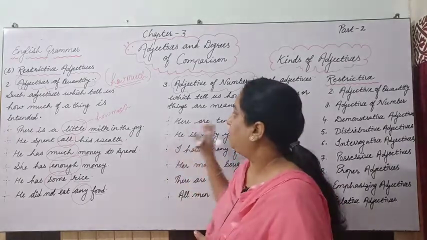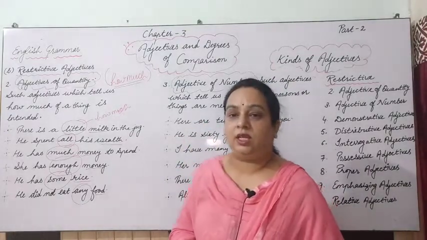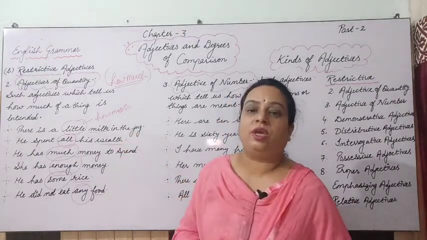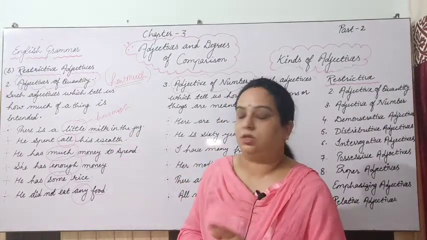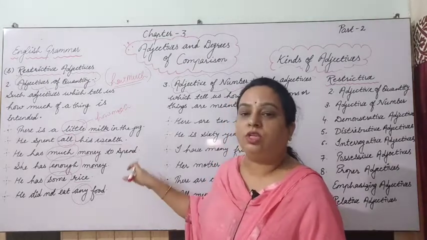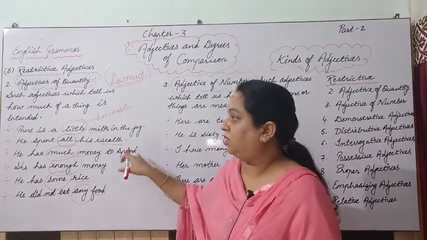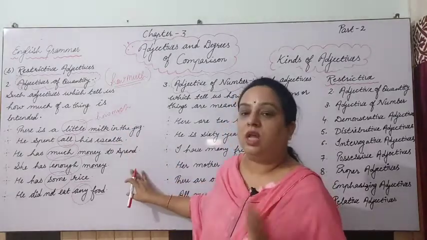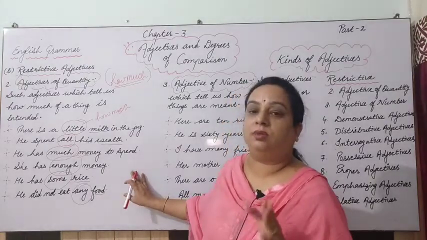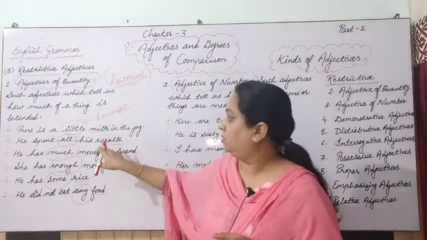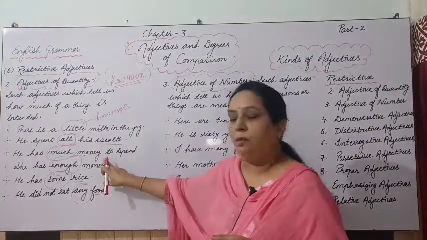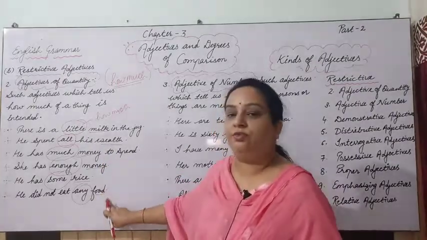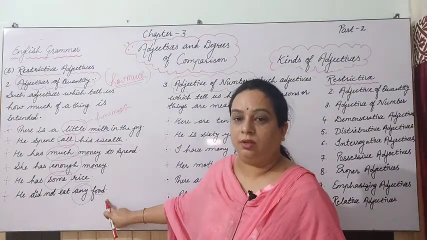When we do the differences between adjective of quantity and number, we will find that all the nouns used after these adjectives of quantity will be uncountable nouns. See, milk is uncountable, wealth is uncountable, money is uncountable, rice is uncountable, and food is uncountable, right?